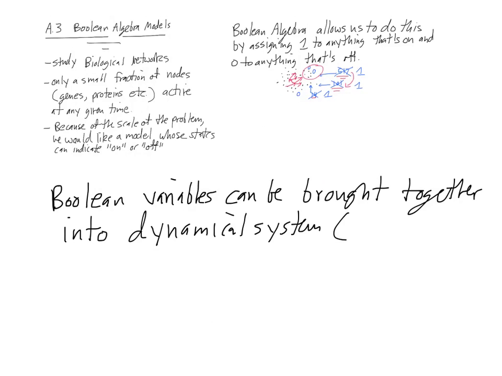So think chapters 6 and 7 of Laubenbacher's book. And these things are called Boolean networks.